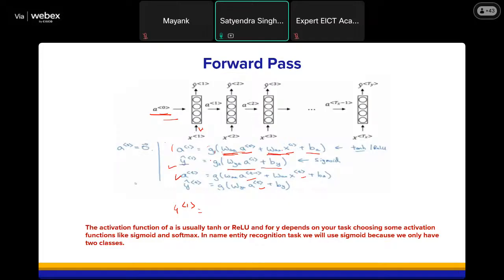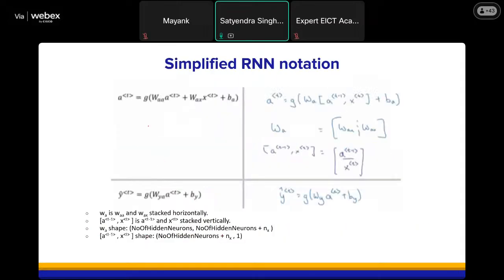Usually for the activation function G1, since A1 is an internal representation in the internal layer, you use ReLU or tanh. For the output, it depends on the type of task you are doing. If the output is binary, then you use sigmoid, or if your output is multi-class, then you use softmax. So basically you have two equations, AT and YT.